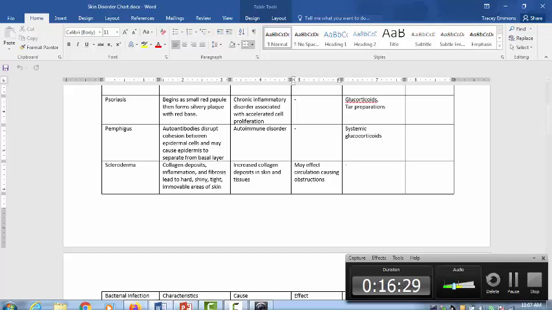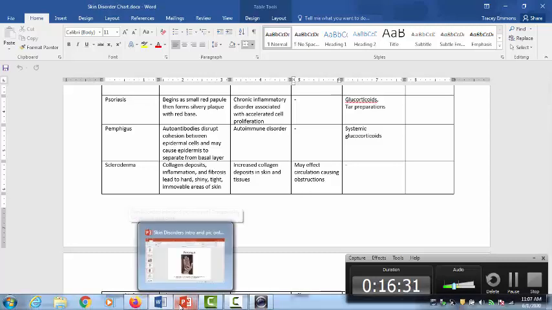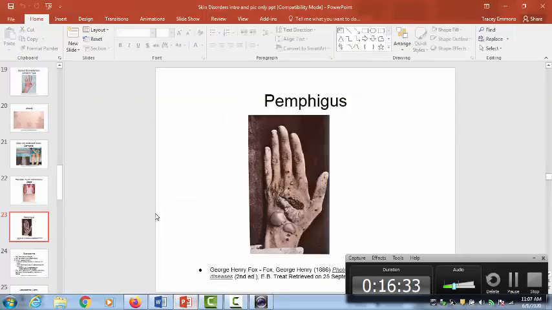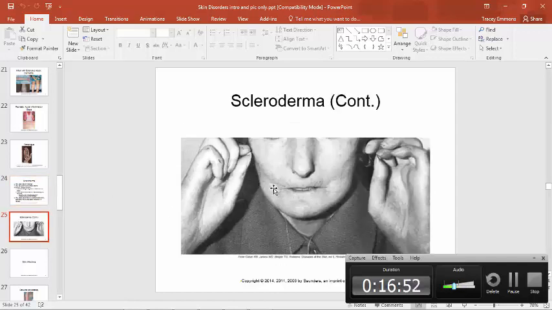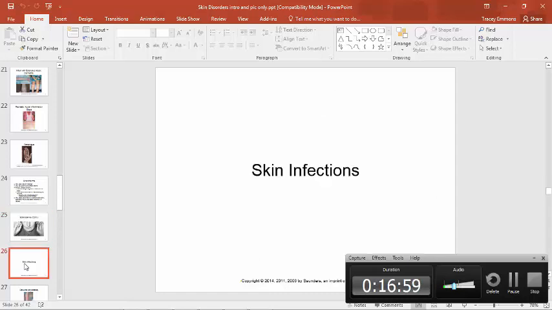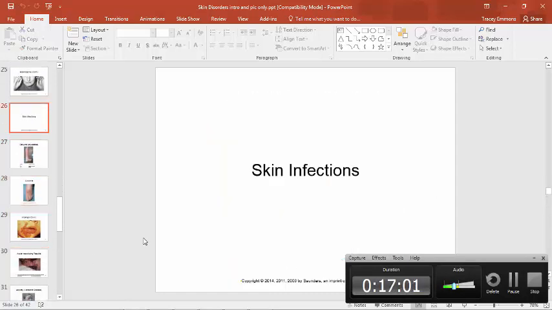And it can really affect circulation because of the obstruction from that scar tissue. We can see, let's see, here we go. Again, like I said, the collagen is deposited. We can see it can cause renal failure and intestinal obstruction, because it actually stops the tissue flow. You see how tight around the lips are and the fingers, you can see there's a lot of fibrosis, scar tissue. Next up, we have our skin infections.